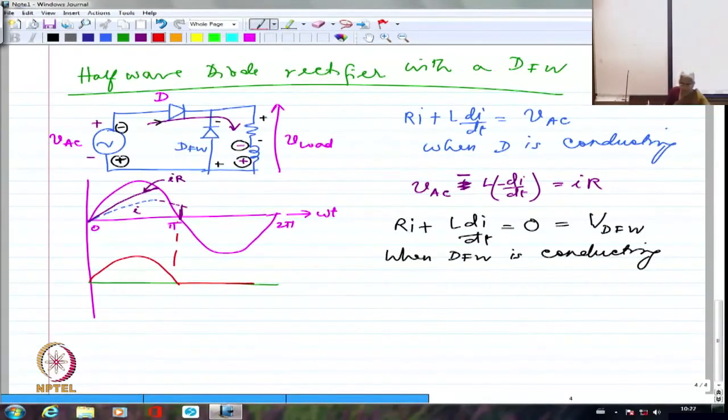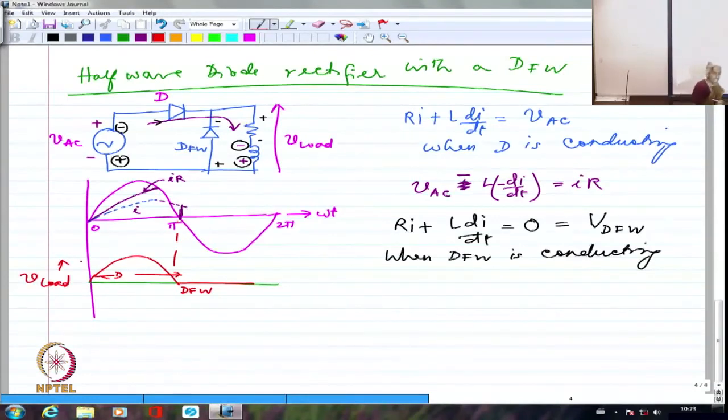So this portion is going to be due to the freewheeling diode, whereas this portion is going to be due to D and the RL load. Now, because it is 0 voltage that is coming up across the load, I am drawing the load voltage. This is V load. V load is VR plus VL. I have to add both of them, not just R alone or L alone. It is the summation of both.